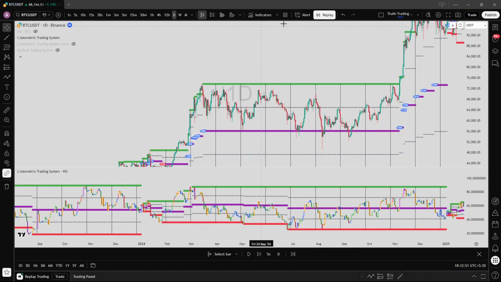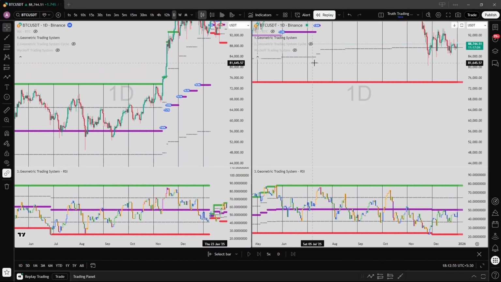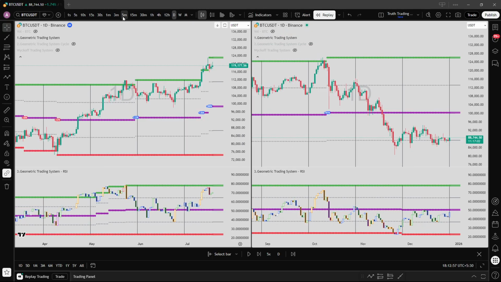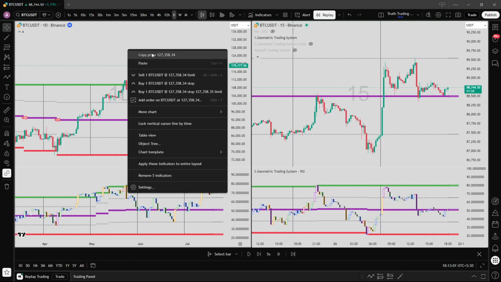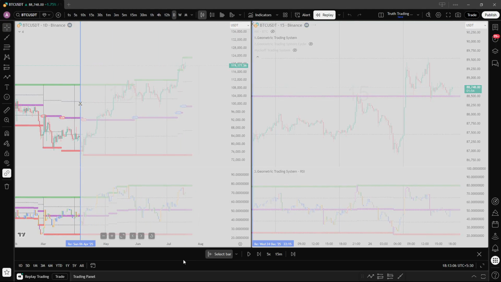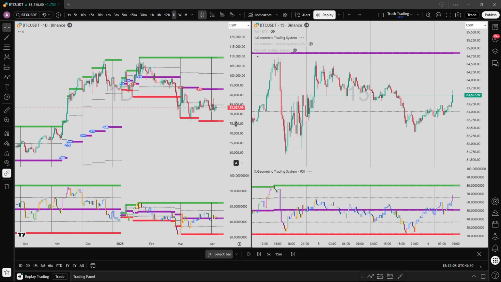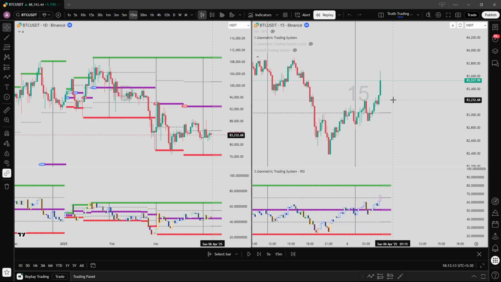Now if I switch to a 15 minutes time frame, and I'll keep that there because I want to show you, I'll put it here so that both are aligned.